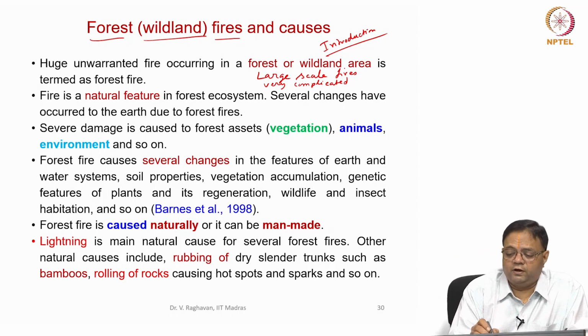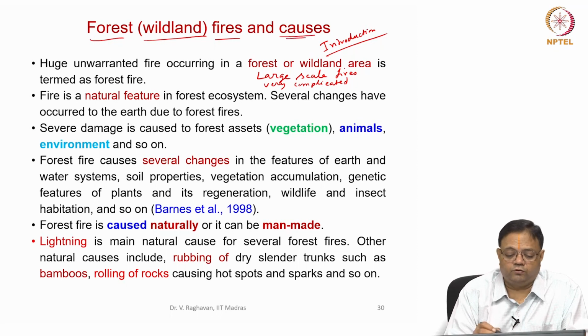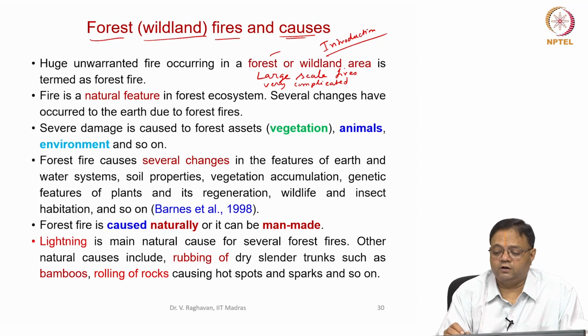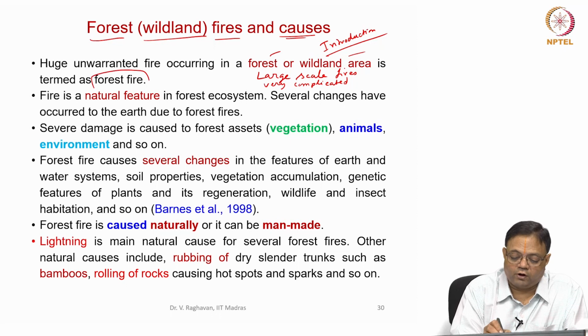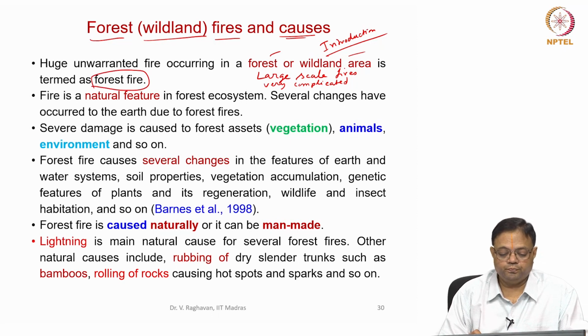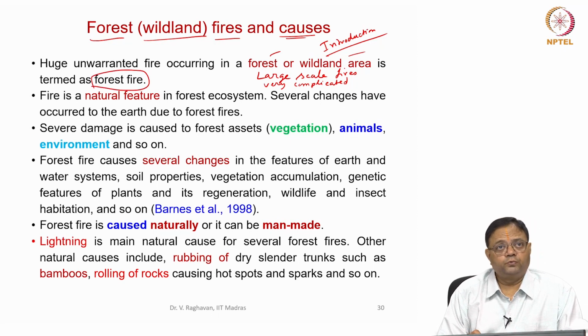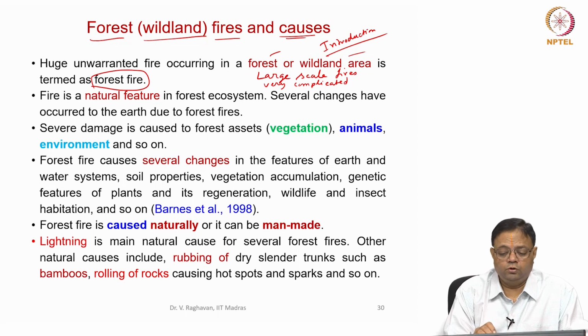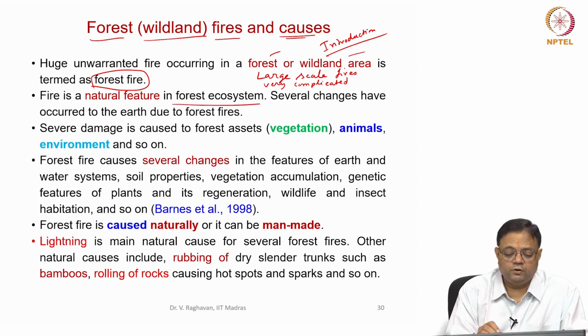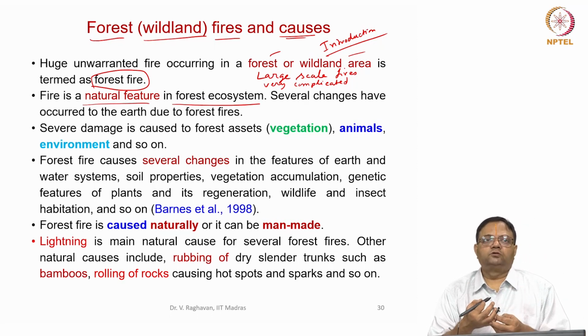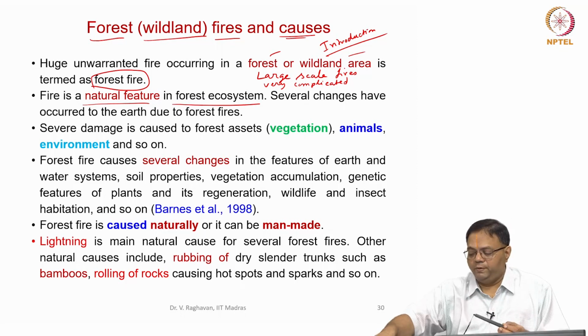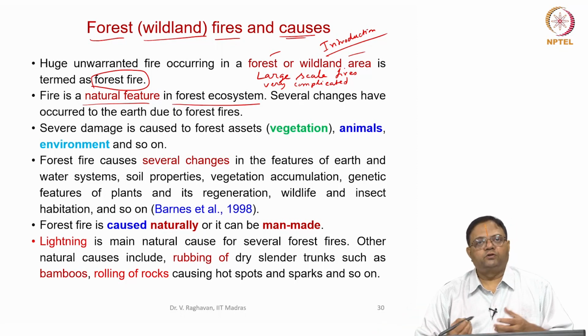So, forest fires, we will see the causes. A huge unwarranted fire occurring in a forest or a vegetation land, wild land, is generally called a forest fire. But is it avoidable? No. In the forest ecosystem, this is a natural feature. We can see the reports all over the world that fire in a forest has been occurring almost every year.